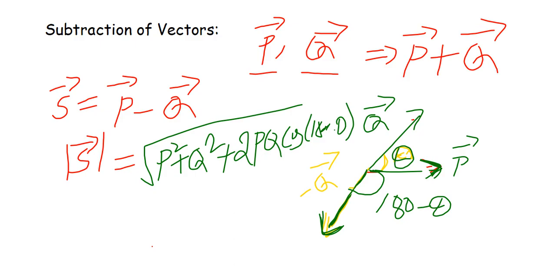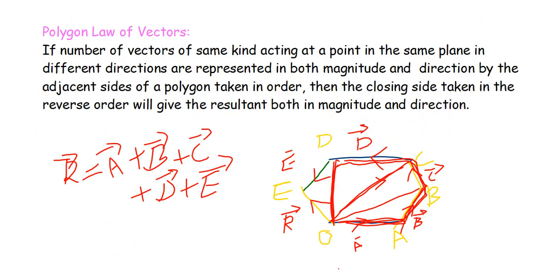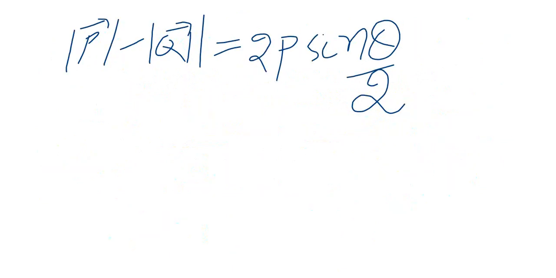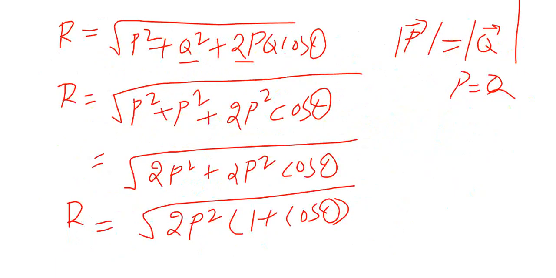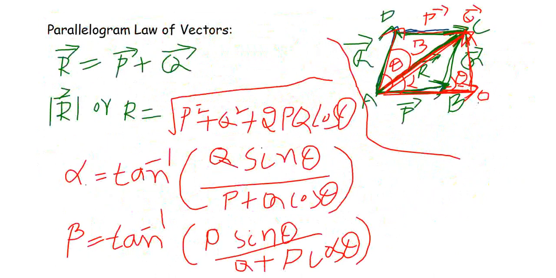The resultant vector r bar is equal to P bar plus Q bar, and its magnitude is root over P square plus Q square plus 2PQ cos theta.